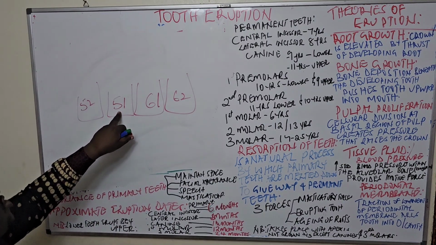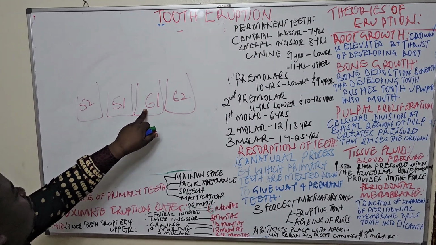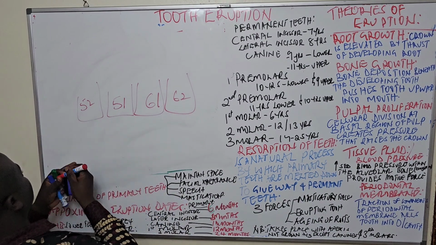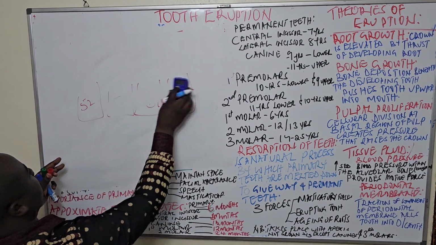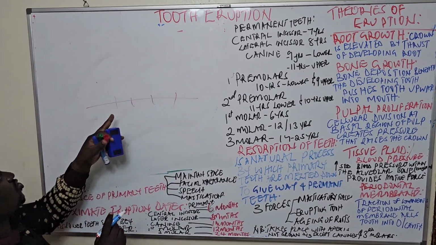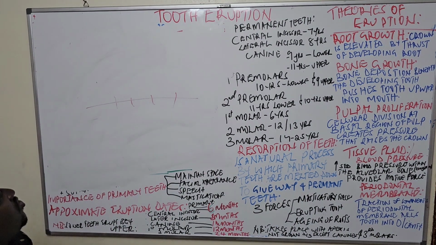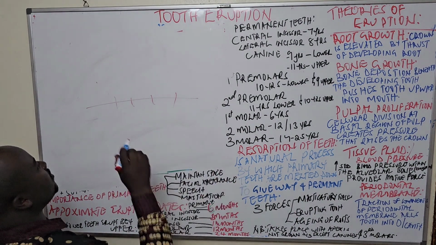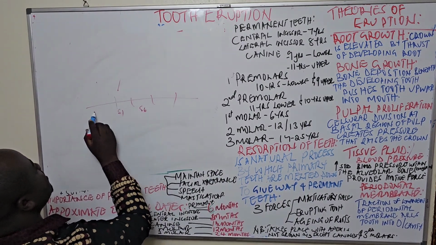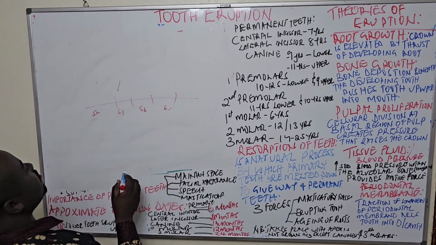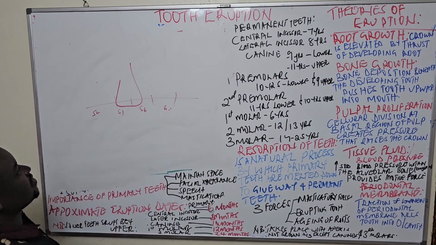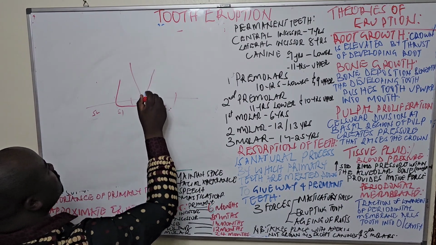The moment you lose this one prematurely, a 5-1, and this one prematurely, due to dental caries, it means that when the first permanent tooth appears, maybe a 1-1, and finds here there was a 5-1, a 6-1, a 5-2, 6-2, it will come and can grow into such. And the other one who comes also goes into this.